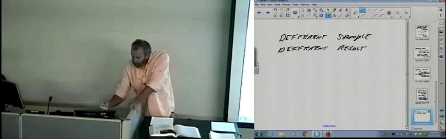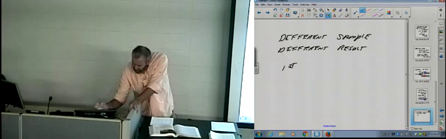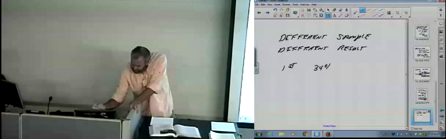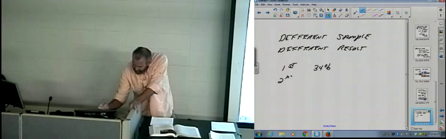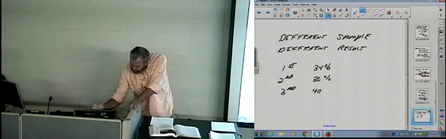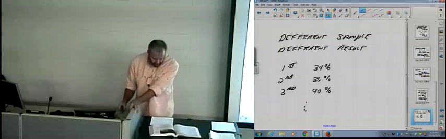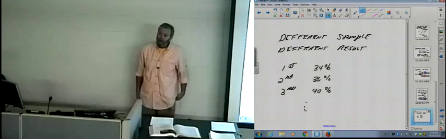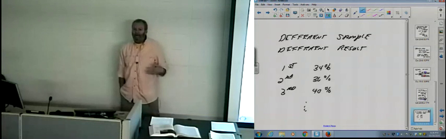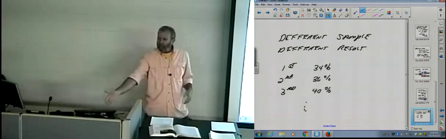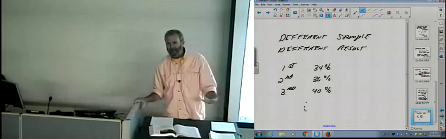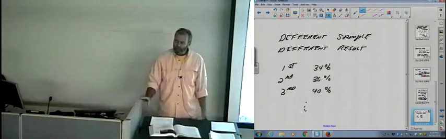The first sample gave us 34%. The second sample might give us 36%. The third sample might give us 40%. Every time I take a different sample, I'm going to get a different percentage in my sample that actually owns a gun.